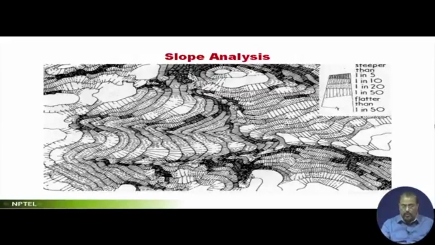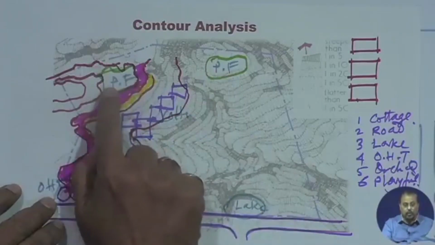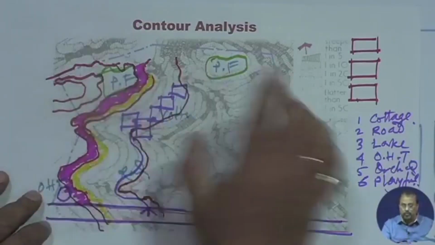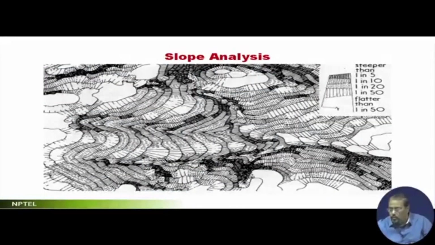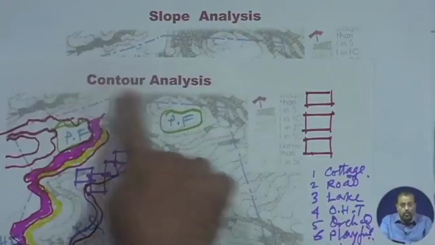If suppose I check that this is gentler because it is white, that means it does not have a slope problem. So these are now befitting well in my contour slope analysis. So if I use a similar kind of drawing with respect to this, now see, this is slope analysis. Initially I was doing contour analysis.